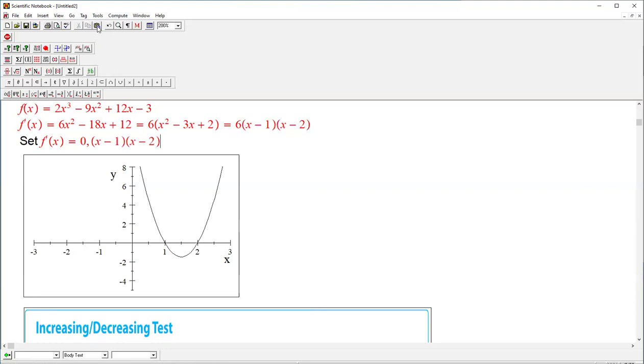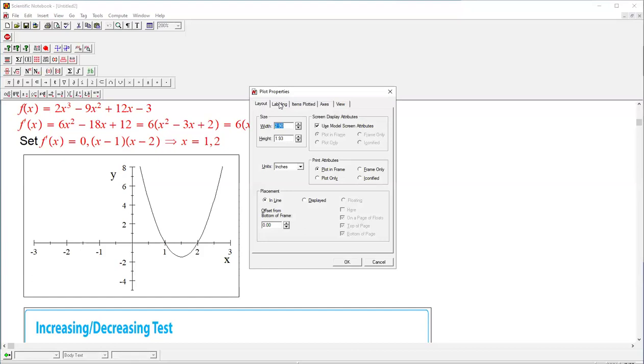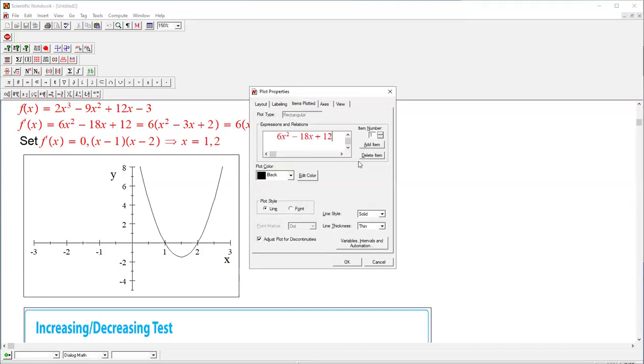Then we get the two critical numbers, x equals 1 and 2. The two critical numbers separate the number line into 3 intervals. I'm going to put a circle at each point.